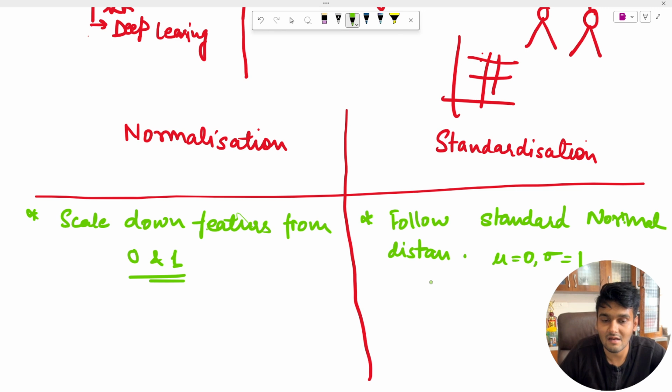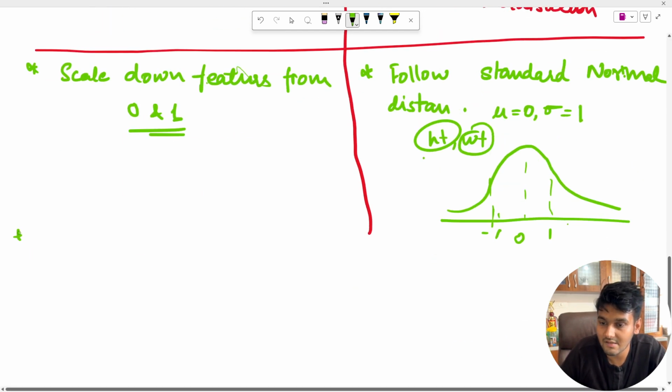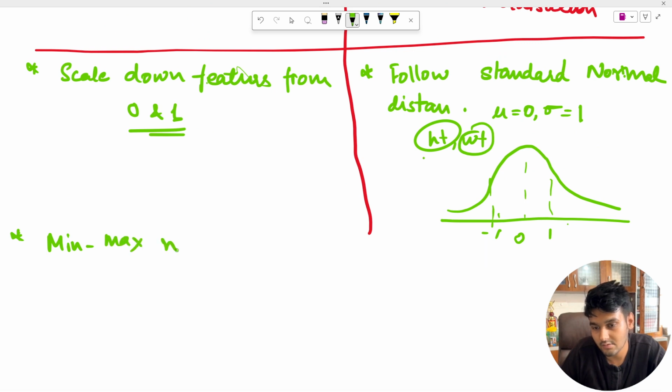So if there are features like height and weight which need to be scaled, they will be scaled such that the mean of height would be 0 and standard deviation would be 1. Similarly for weight. Each feature should represent a bell curve having a mean of 0 and standard deviation of 1. So this is how the scaling is done. Since this is 0 to 1, normalization is also called min-max scaler, or min-max normalization.